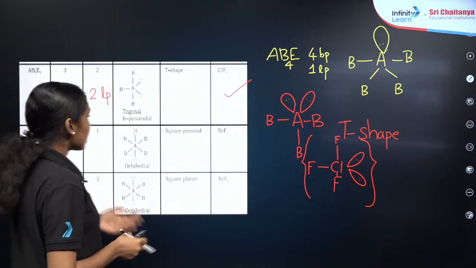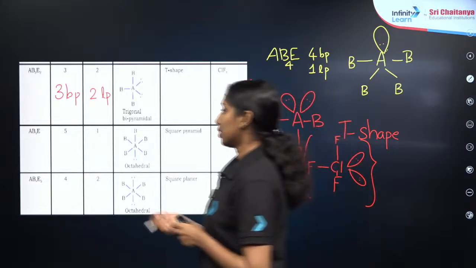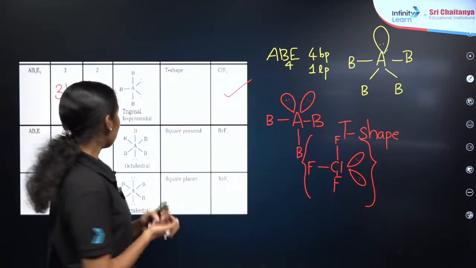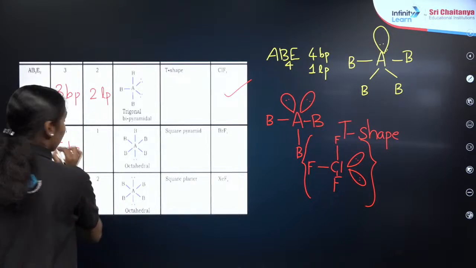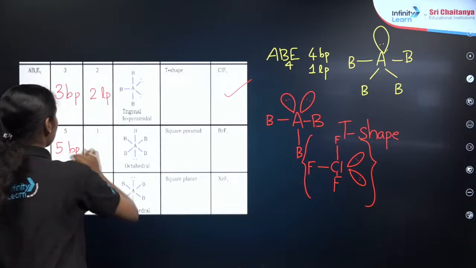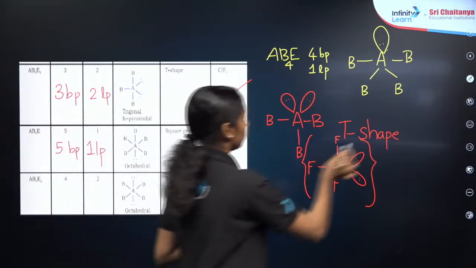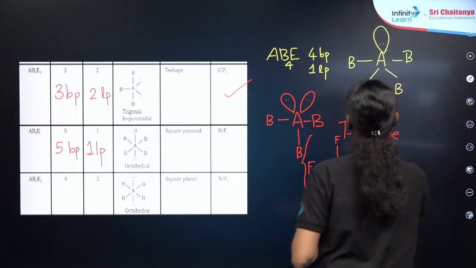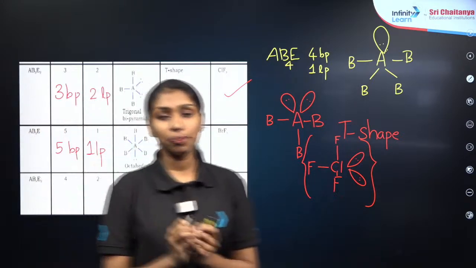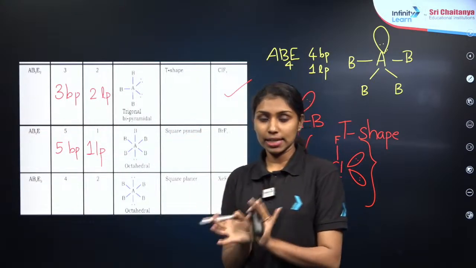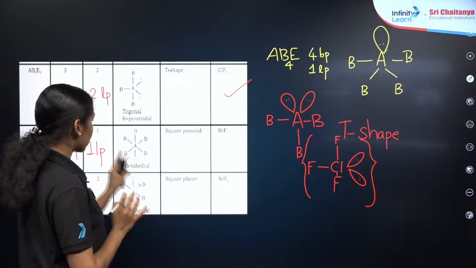The next type is AB5E, which means it contains 5 bond pairs and 1 lone pair, right? If we have 5 bond pairs and 1 lone pair, we will consider it an octahedral arrangement, right? All the 6 positions are arranged like this, octahedral.